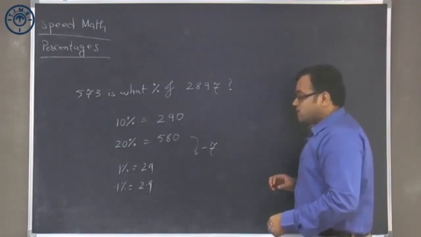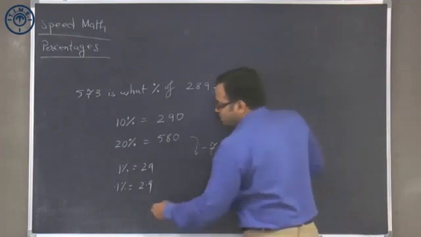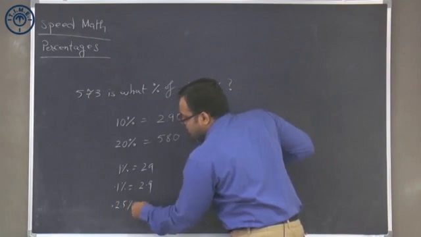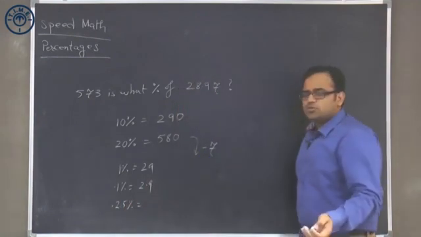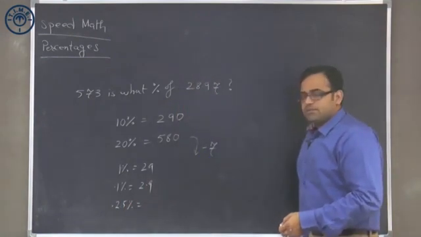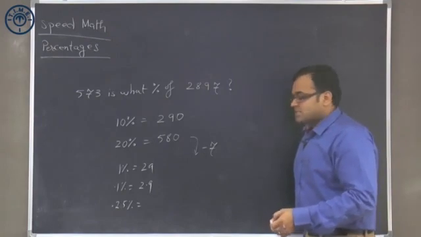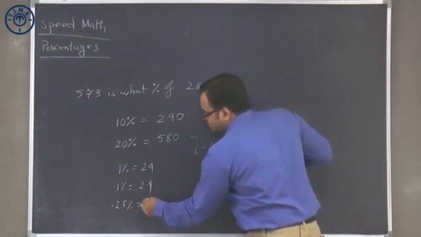If 0.1% is 2.9, to get 7, I will need to do 0.25%. 0.25% will be equal to 30 into 25 is 75. So this will be approximately 25 into 29 is 700. So this will be equal to 7.